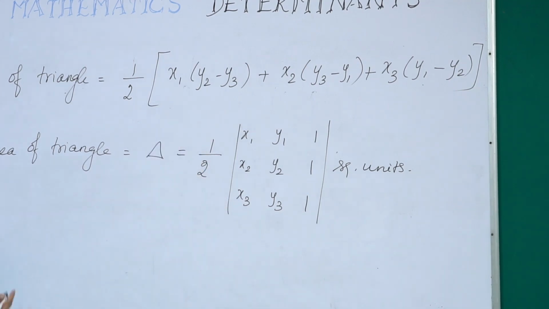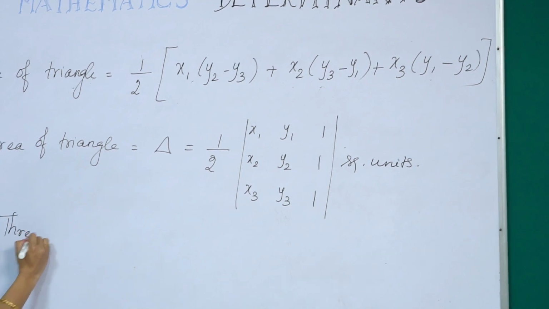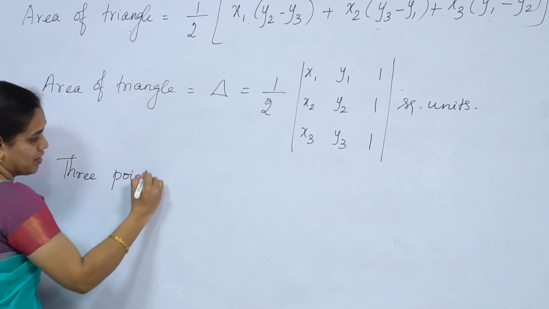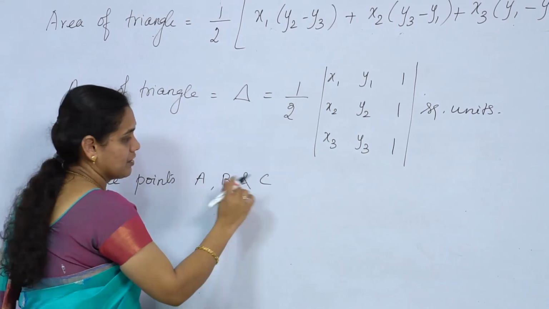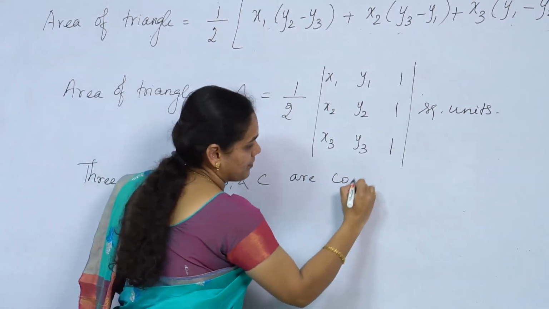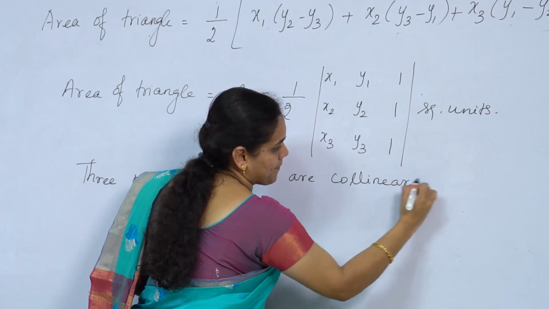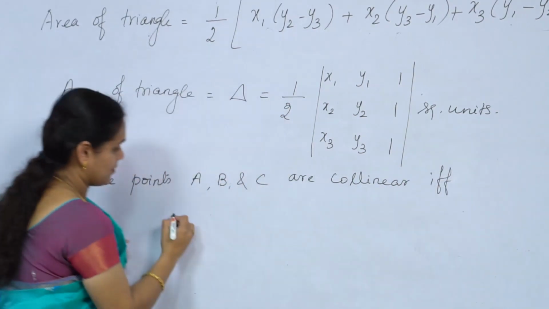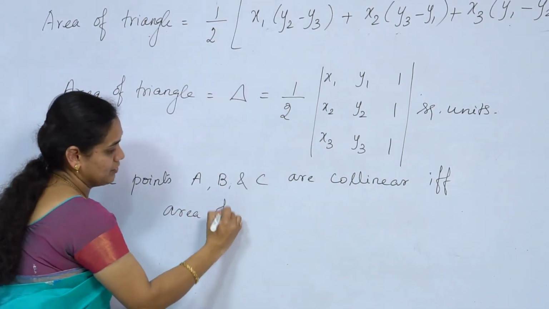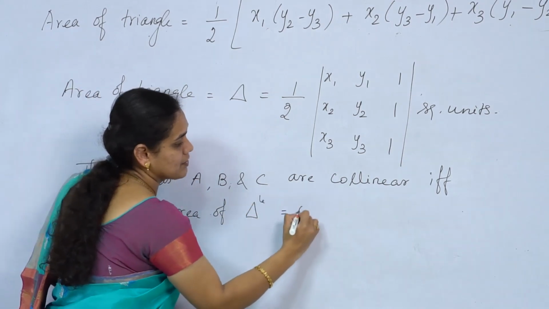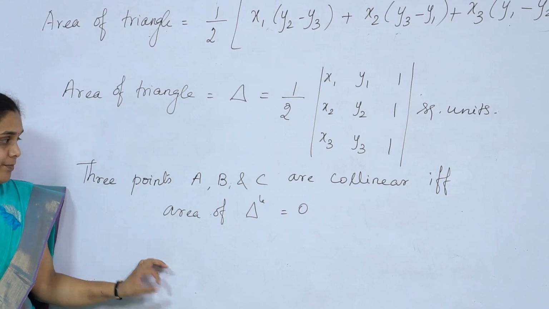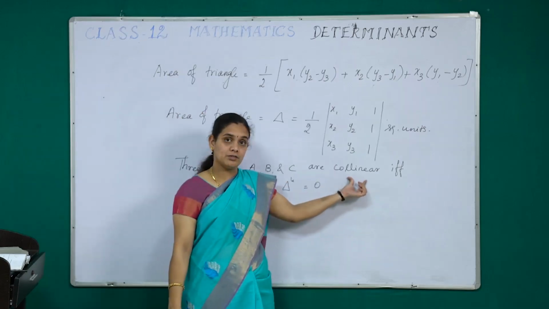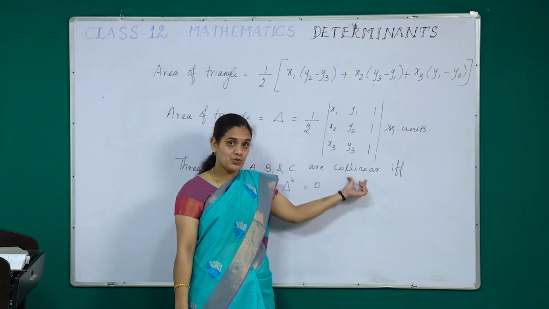So, already we know 3 points, say A, B and C, are collinear if and only if the area of the triangle is 0. This we have studied before. What do you mean by collinear? The points lie on the same straight line.